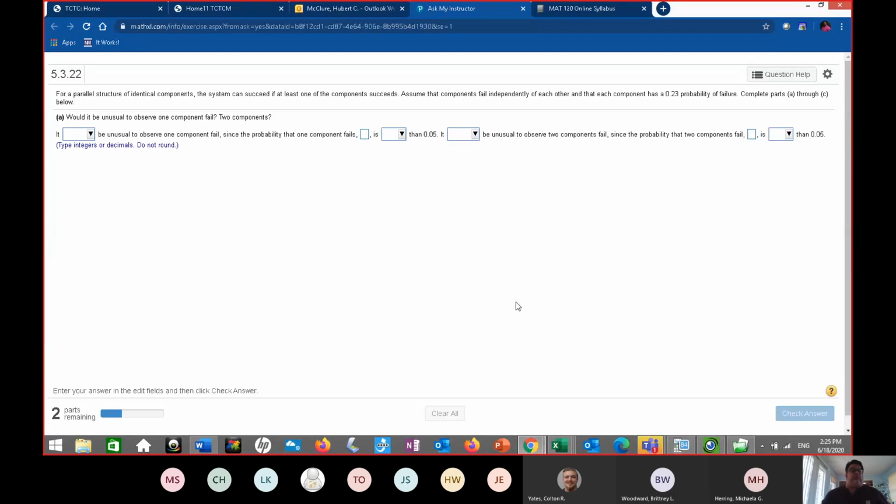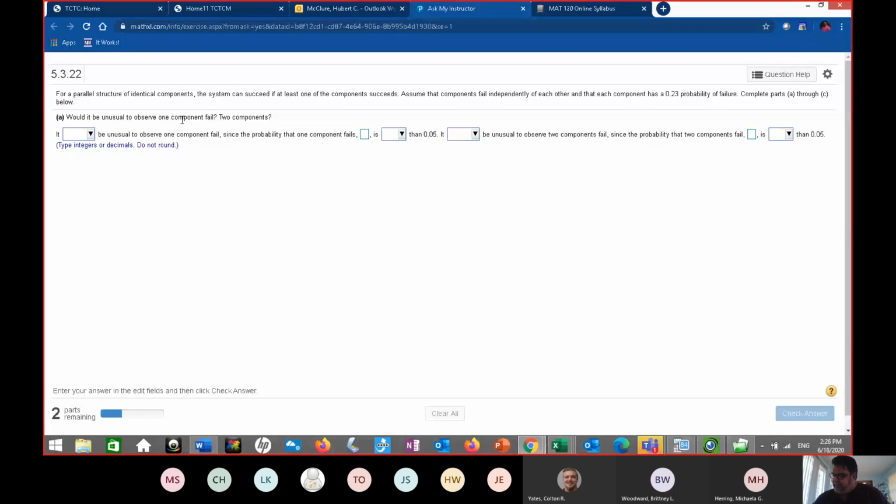For a parallel structure of identical components, the system can succeed if at least one of the components succeeds. What the heck is this? I have never seen this question before. Assume that components fail independently of each other and that each component has a 0.23 probability of failure.